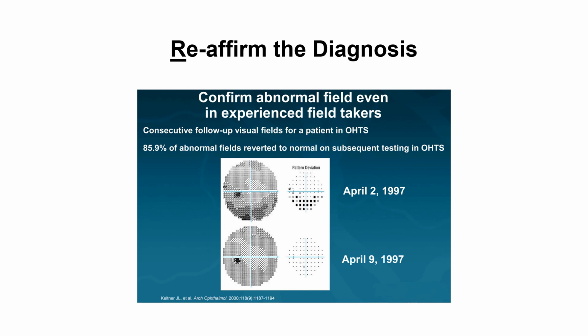As we said, 85.9% of abnormal fields reverted to normal on subsequent testing in the Ocular Hypertension Study. And this is one example: on 2nd April 1997, one of the patients showed an inferior field defect, and when tested after 1 week, it reverted to normal. So please repeat the test if needed.